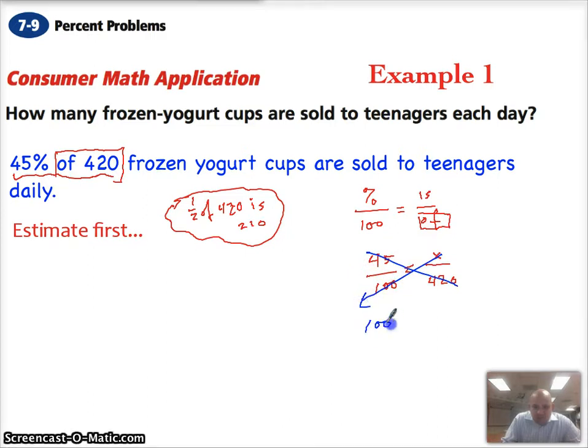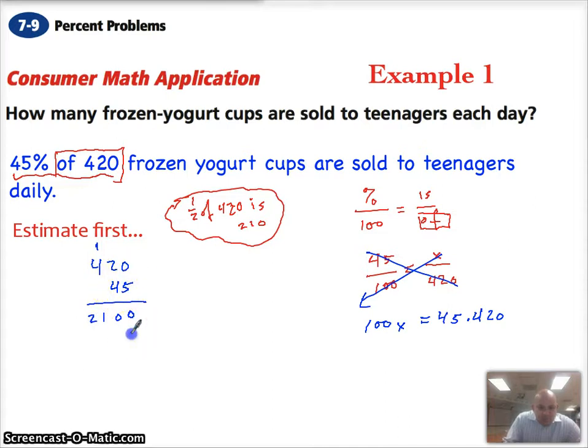We have 100x equals 45 times 420. Now, in order to figure that out, we're going to go over to this side. It's 420 times 45. 5 times 0 is 0. 5 times 2 is 10. 5 times 4 is 20, plus 1 is 21.